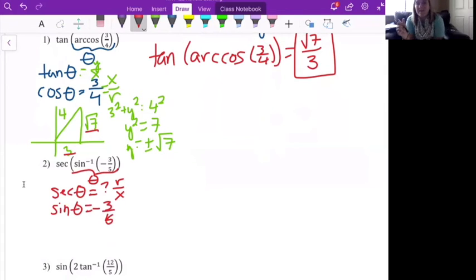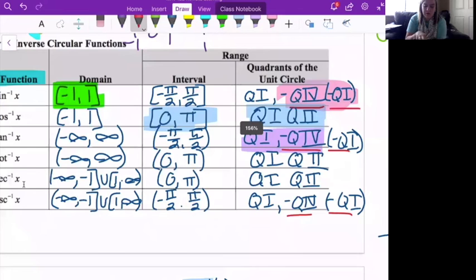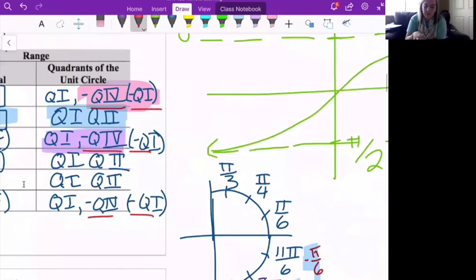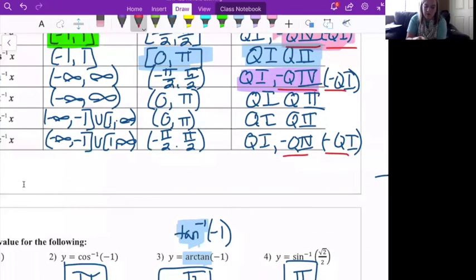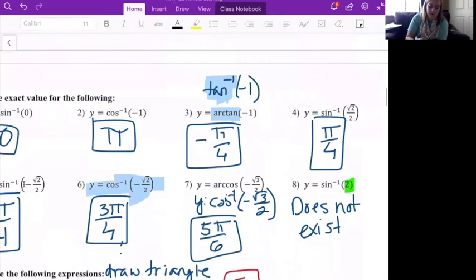So because sine is negative, again, going back up here, sine inverse is in quadrants 1 and 4. So when we go down here for this problem, we want to draw our triangle in quadrant 4.